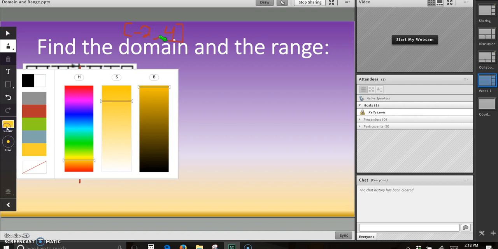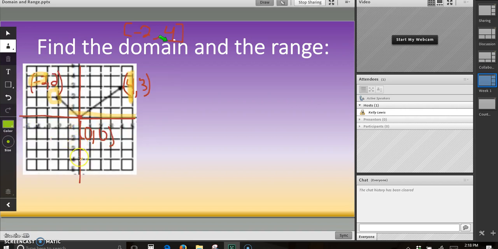Now we need to go down to up. Our smallest y value is right here, 0, and it stops. And our largest y value, it's not 2, 3. 3 is larger. So it is 3.